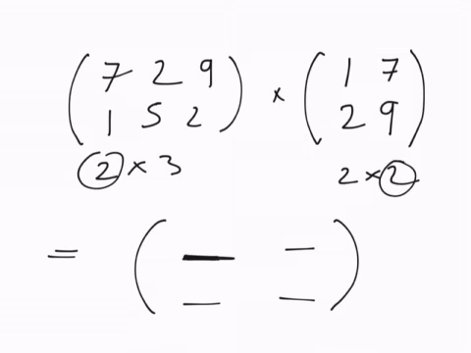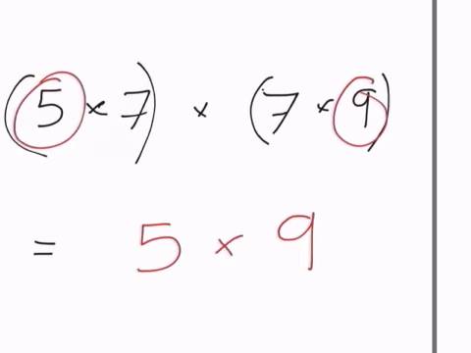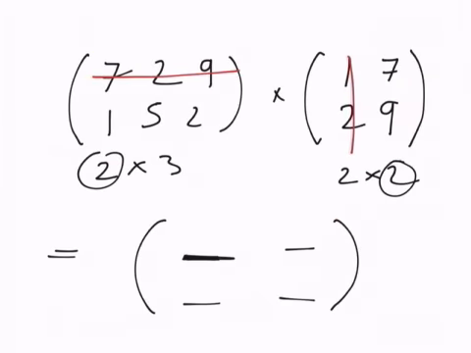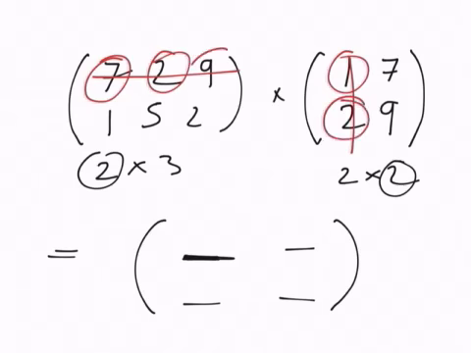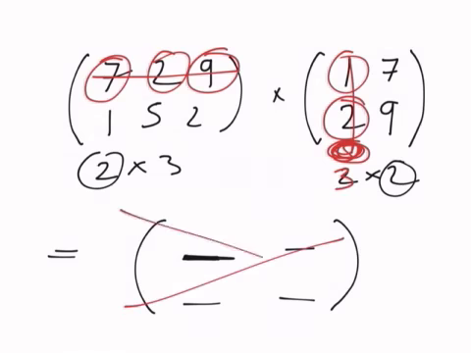It's at the top, so we do the top row and the leftmost column of the second matrix to get 7 times 1 plus 2 times 2 plus 9 times, there's nothing left. That's why we needed dimension 3 here, not 2. We can't actually do it, and that's the result of the dimensions being completely incorrect.